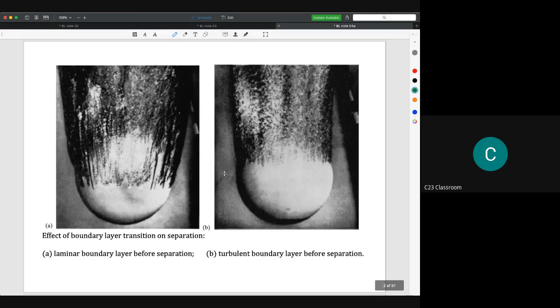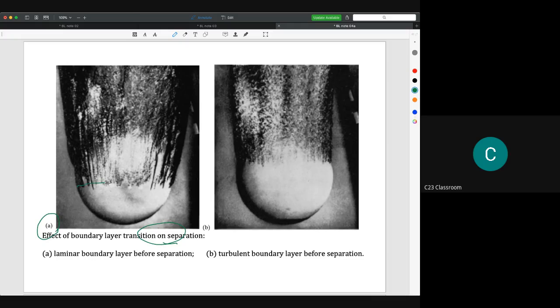From the boundary layer, we go to the effect of the boundary layer. We look at the transition and separation. Separation is when the boundary layer is detached from the surface. From this picture, you will find that A is the laminar boundary layer before separation.